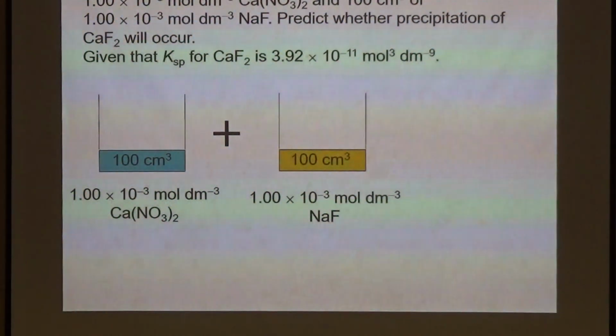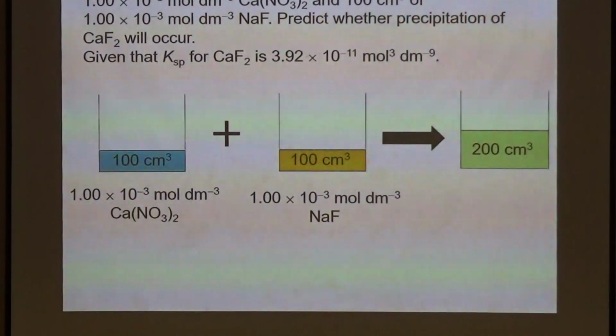Now, okay, you prepare a solution by mixing 100 cm³ of calcium nitrate plus 100 cm³ of sodium fluoride. Predict if precipitation will occur. Now, take note, the concentration is the same, the volume is the same. However, when you mix them together, the volume increases.